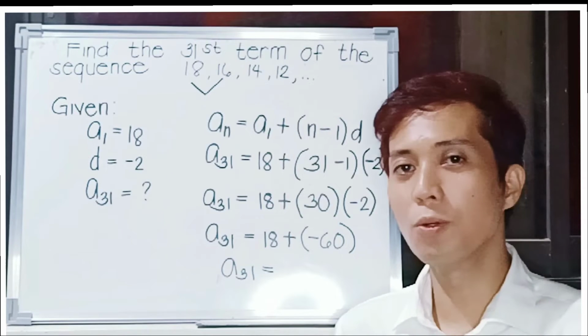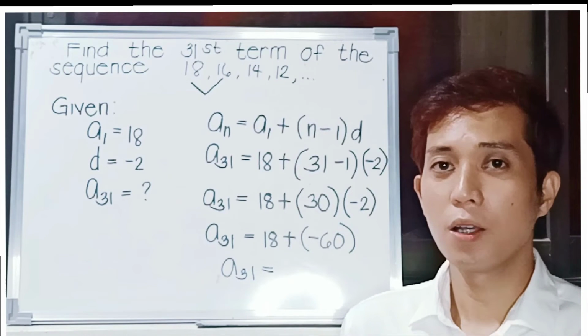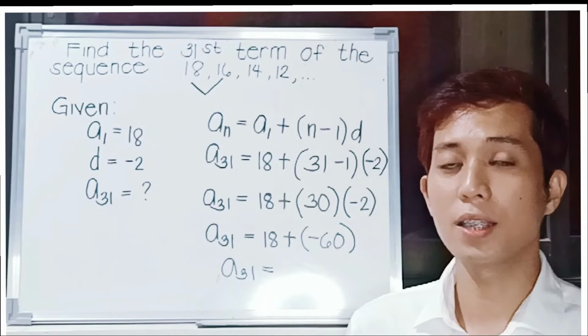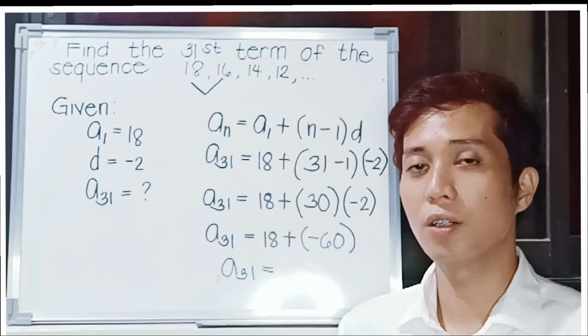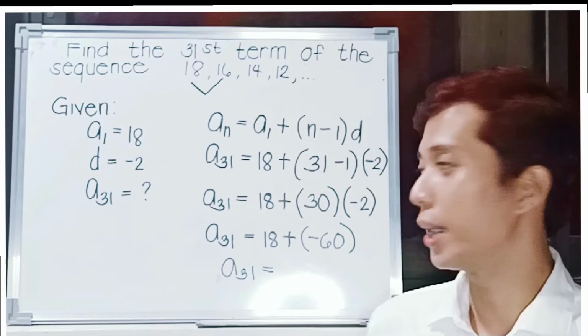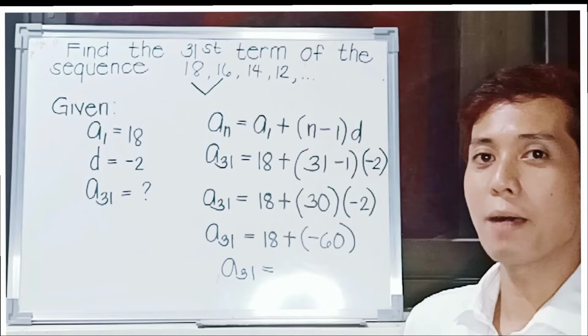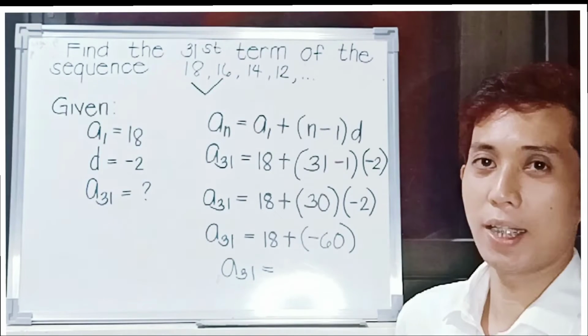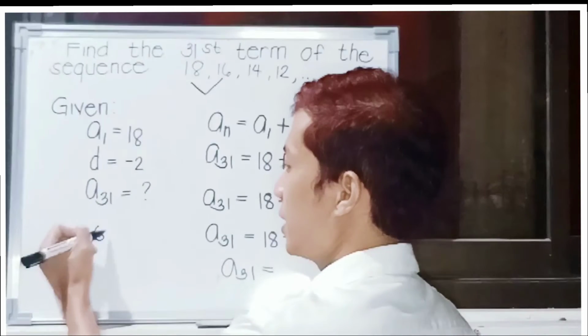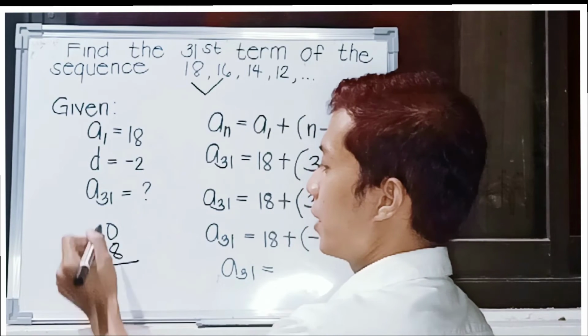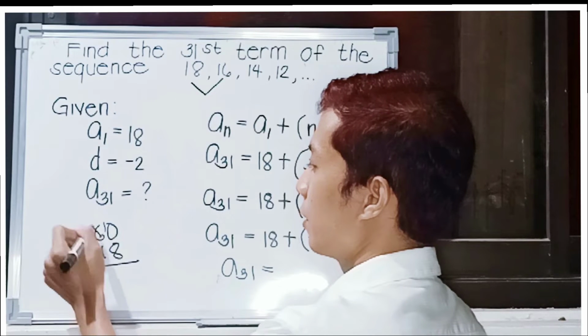Recall the rule in addition of integers that whenever you're adding numbers of different signs, you're going to subtract these numbers and follow the sign of the number with the greater absolute value. So ang gagawin natin is pagmaminusin natin siya. Bakit pinag-minus? Dahil magkaiba sila ng sign. So let's subtract 60 minus 18. So 60 minus 18, this becomes 5.